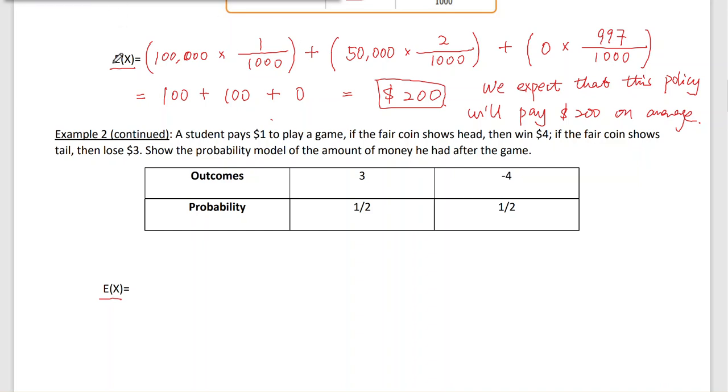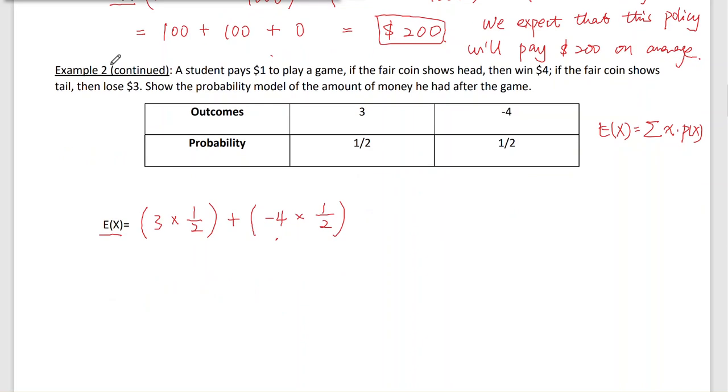Again, the expected value equals the summation of the outcome times corresponding probabilities. We have two possible outcomes. The first one is 3 times the corresponding probability, 1/2. For the second outcome, you have -4 times the corresponding probability, which is also 1/2, and then we sum these two terms.